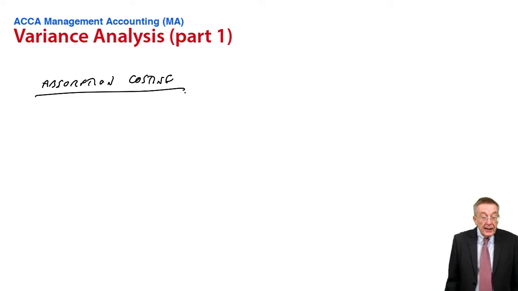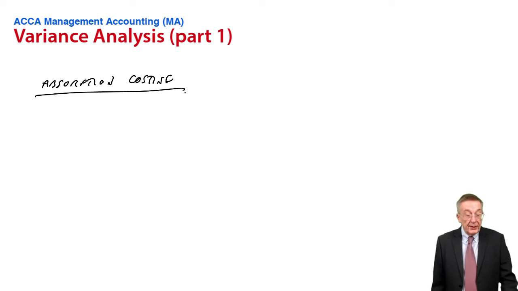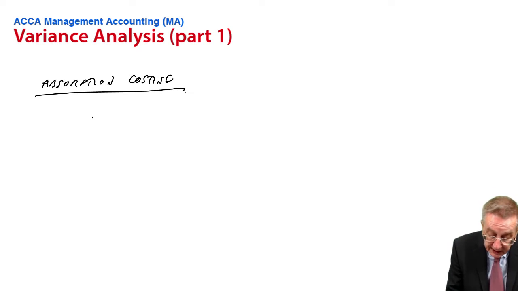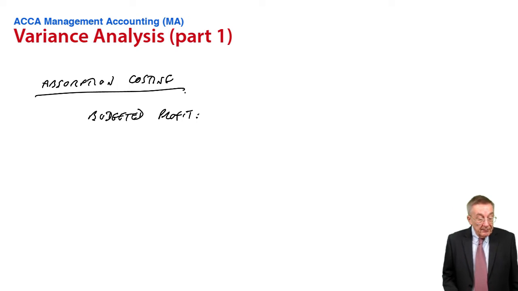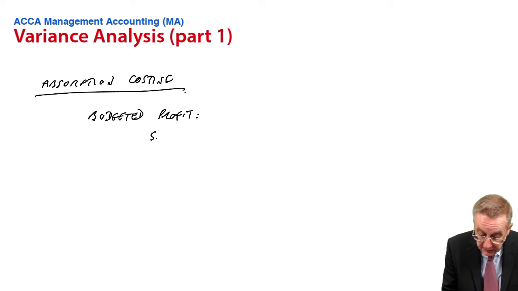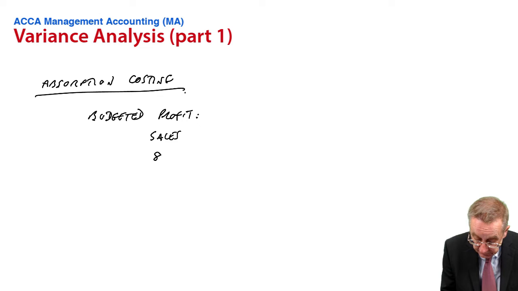And secondly, let's just write down quickly how much profit they're budgeting on. Surely the budgeted profit is what? Well, the sales, they're budgeting on sales of 8,000.